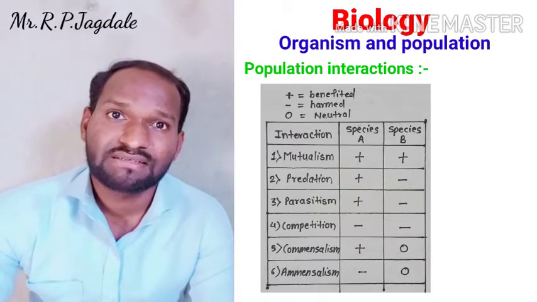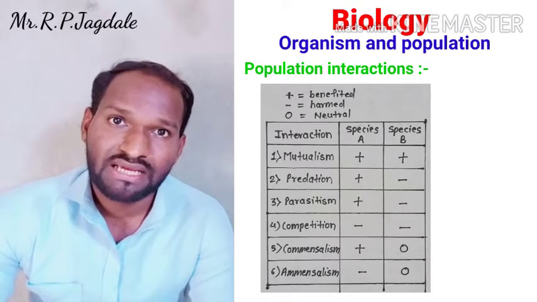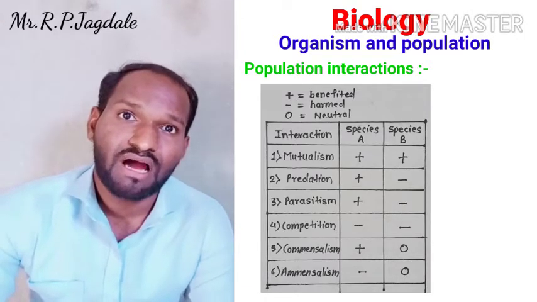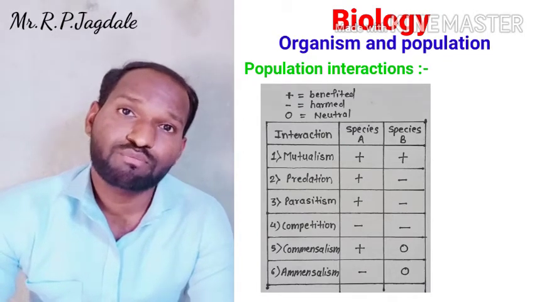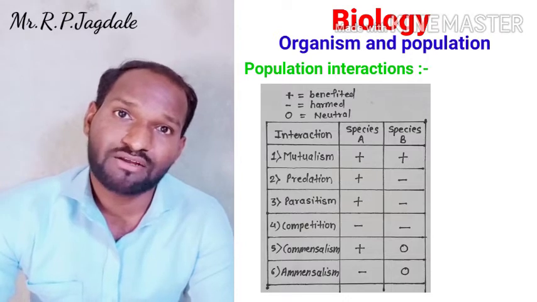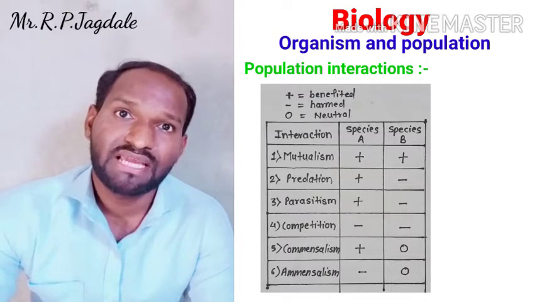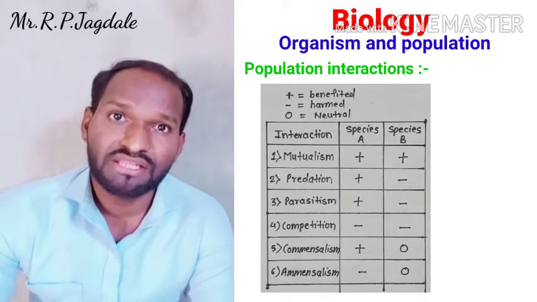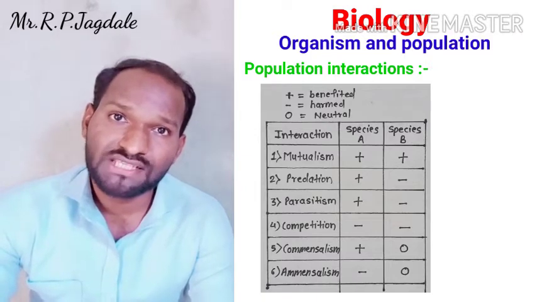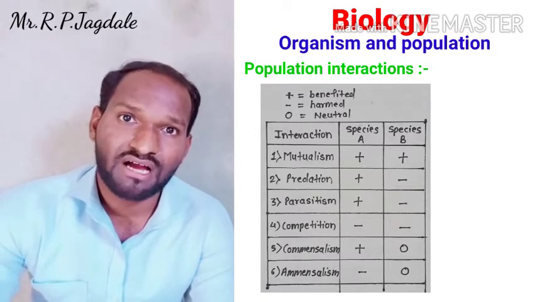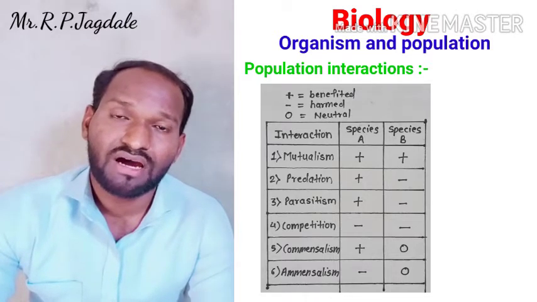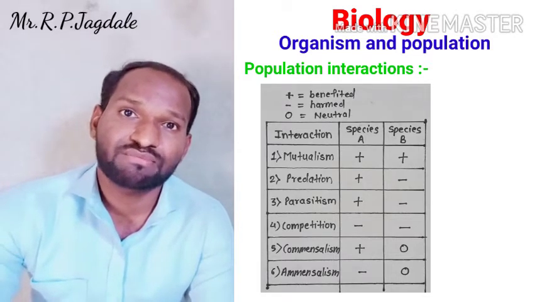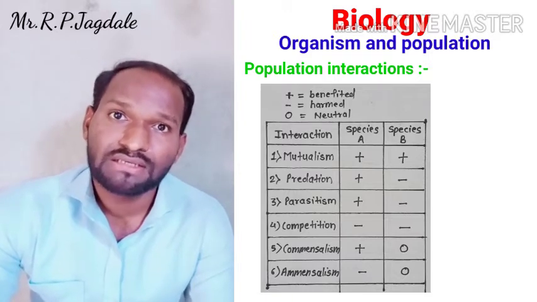Species A is benefited, that is plus, and species B is harmed, that is negative. The third type of interaction is similar to predation, that is parasitism. In parasitism also one species is benefited and one is harmed. Predation and parasitism are a little bit similar, but there are some differences we are going to see.